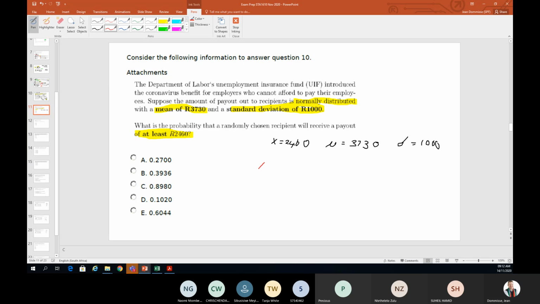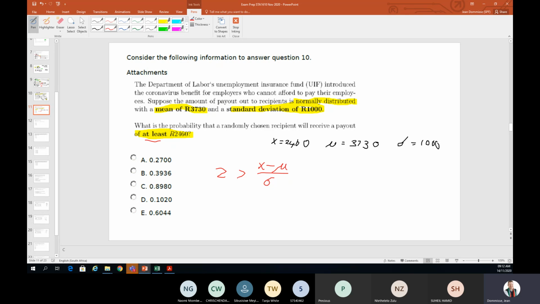So that is what I need to work out: what is the probability that a randomly chosen recipient will receive a payment of at least 2460. At least means that or more.